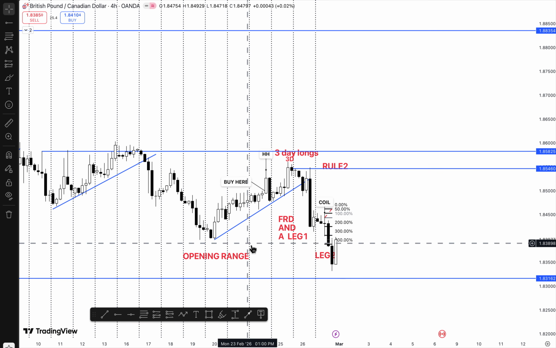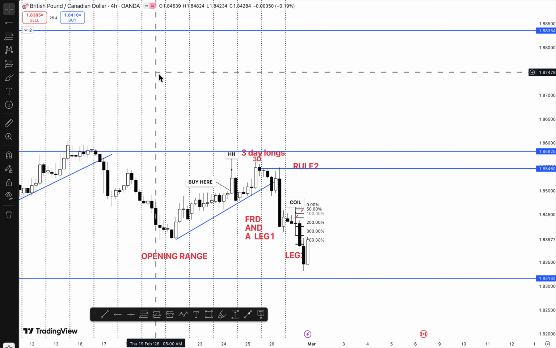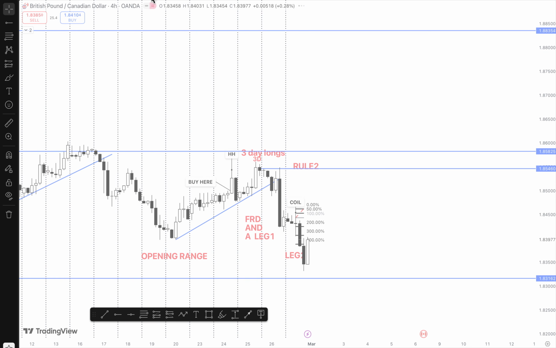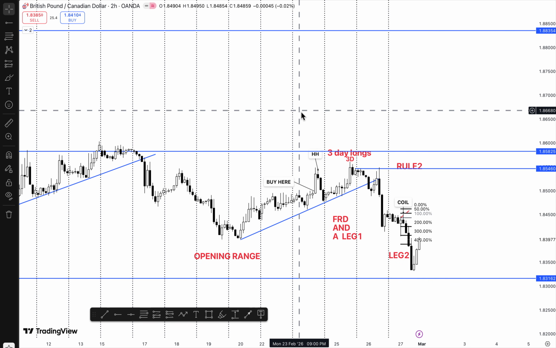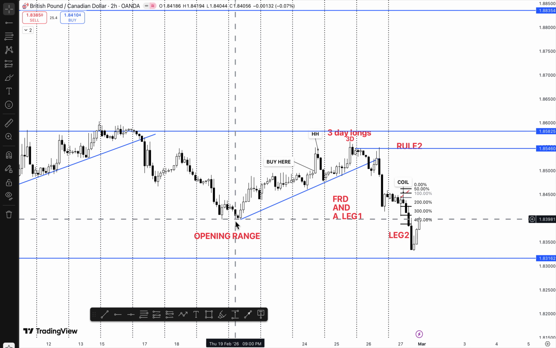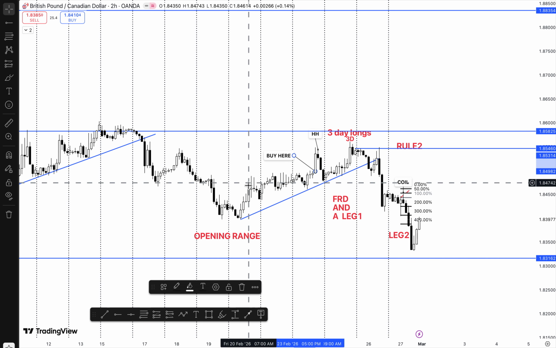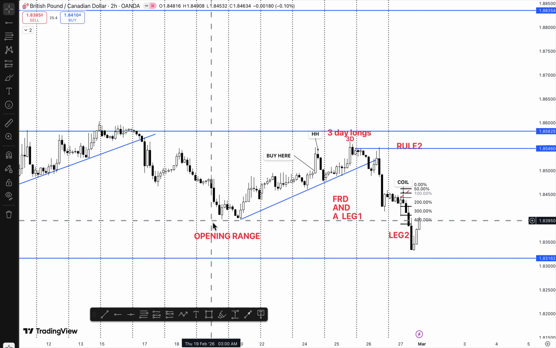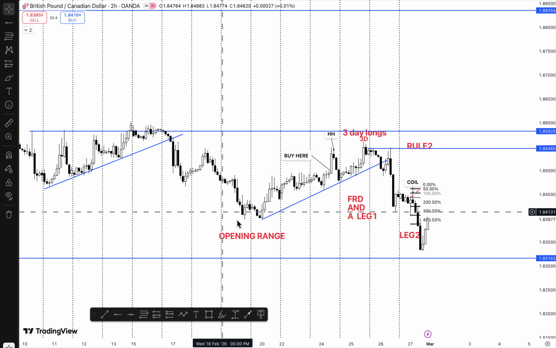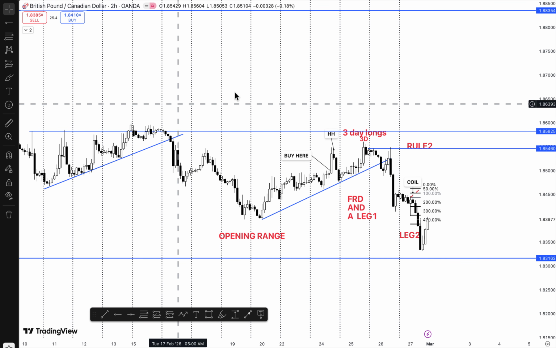Now from this day here, let's break down to a smaller time frame, 2 hours. We had from here, this was previous Thursday, which is the low of the previous week. Like I said, we want to identify our highs and lows of weeks.